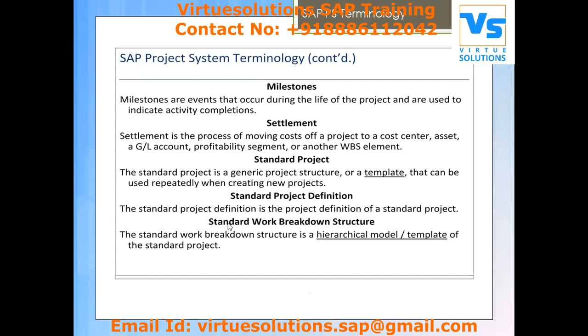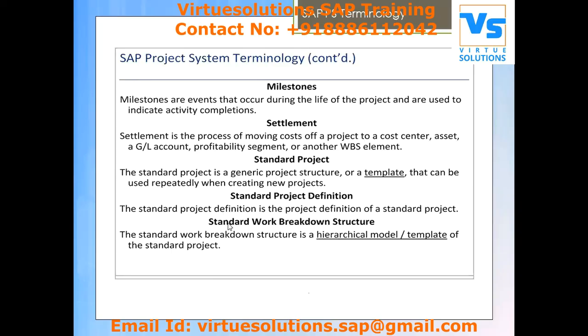Plus, if I want to do any billing activities, in that case also we need to activate these milestones. Unless the project manager or the PMO team has approved these billing milestones, the system won't allow you to raise the bill to the customer. So for that sake, we'll go with the milestones.